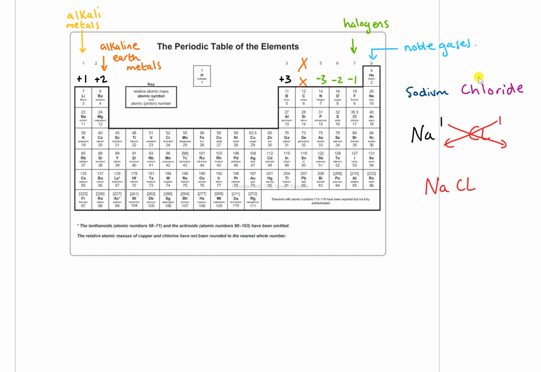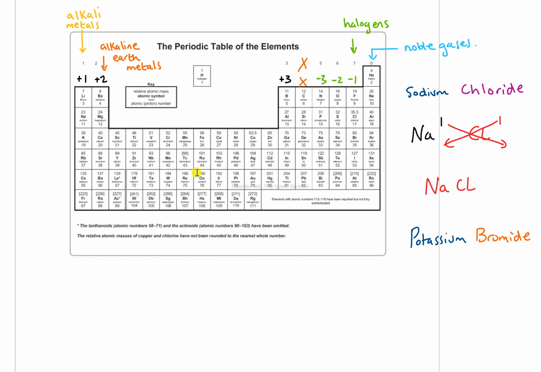Now, you try this one. Let's do potassium bromide. So you think about that. Get the chemical formula symbols on first.